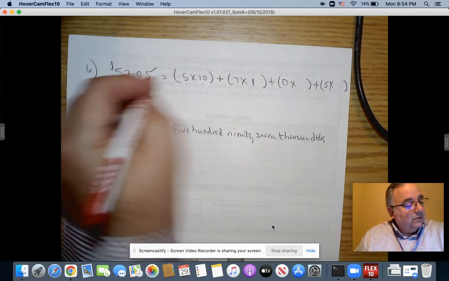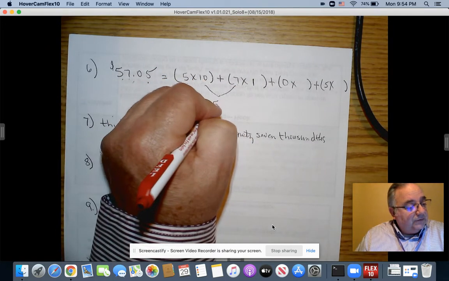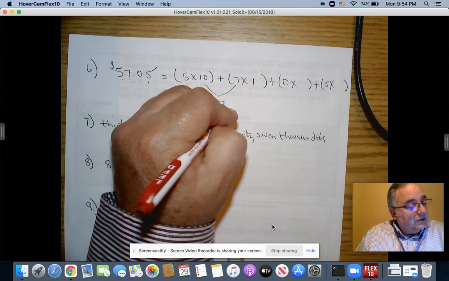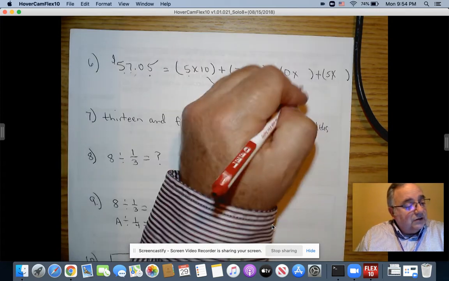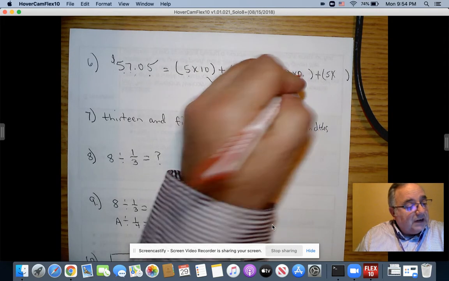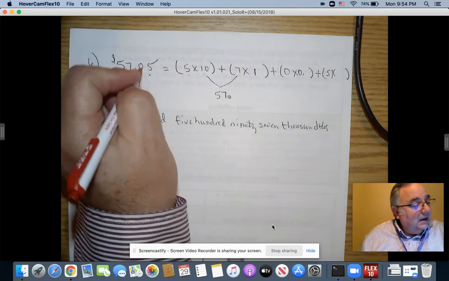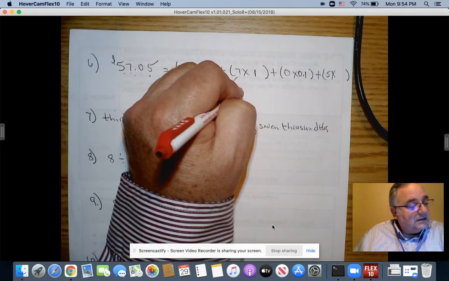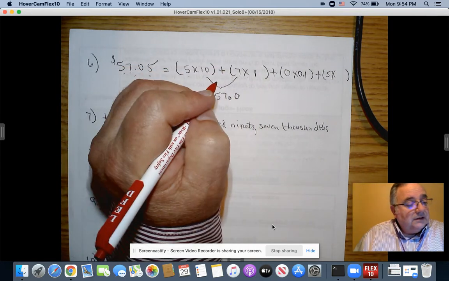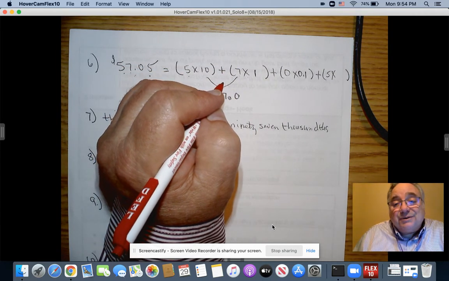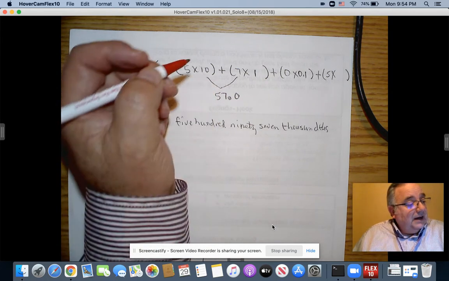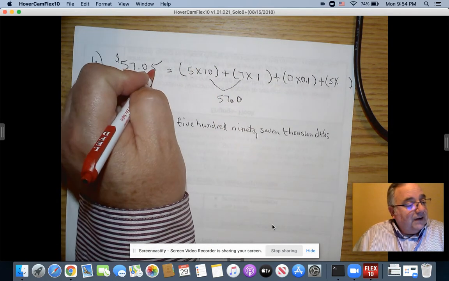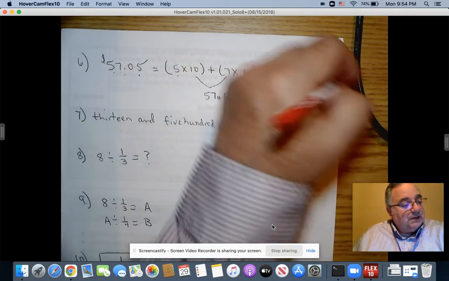All right, so right there I have 57. I also know that I have a decimal point, so this one's going to have a decimal right here. And I have a 0, so I have to multiply it by 1 to get the 0. 0 times 1 is 0. And then I have the 5 in the hundreds place.